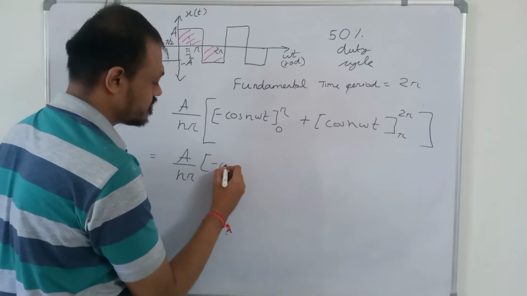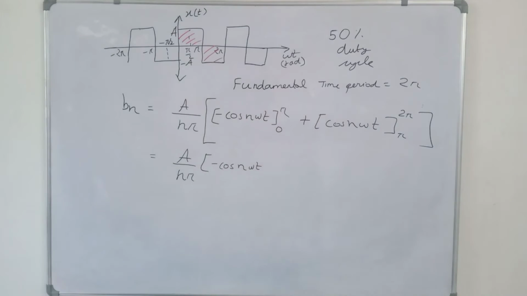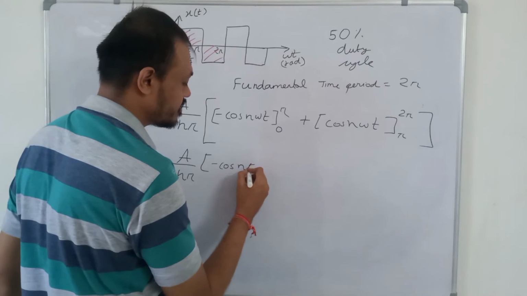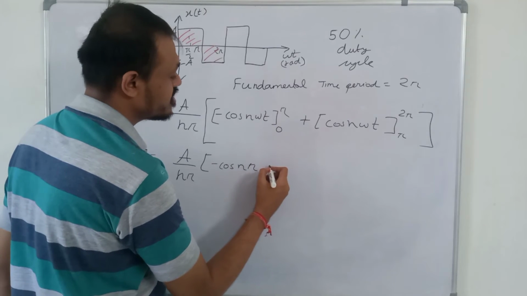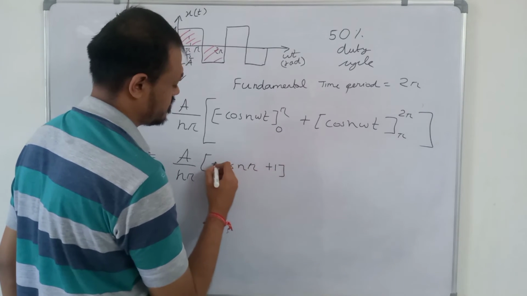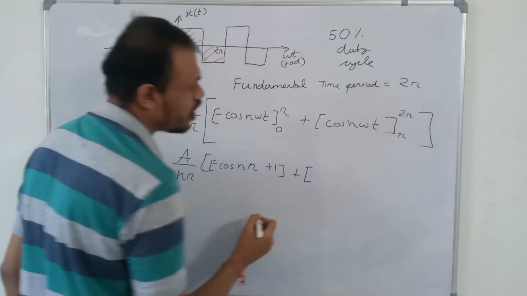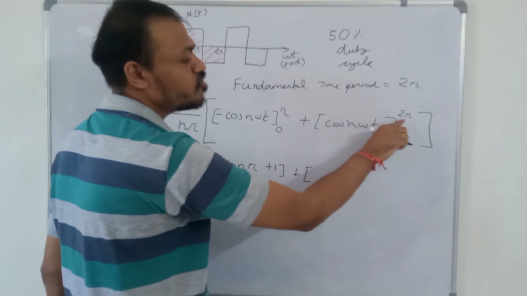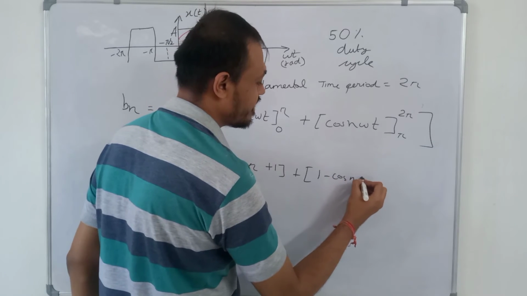Minus cos of n omega t, and in place of omega t we can write pi, so minus cos n pi, and cos 0 will be equal to 1, so plus 1, and plus cos of, again we have to write cos of n pi, cos of 2 pi will be equal to 1, so 1 minus cos of n pi.